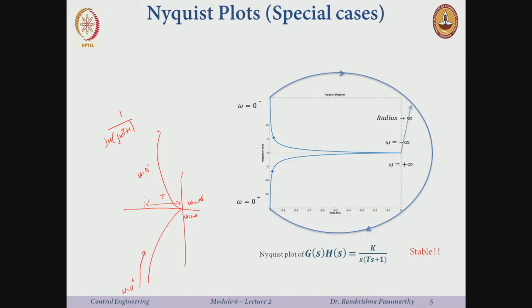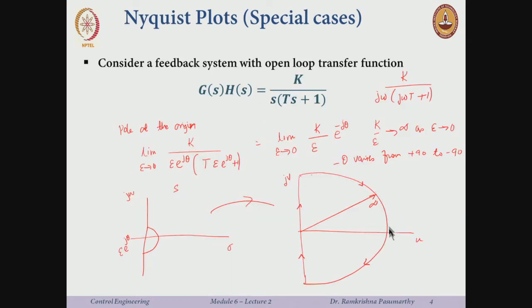I go from omega 0 plus to omega 0 minus, and then I have to really complete this, where this thing will be the region of infinite radius. So this is the region I have to map now. This is what happens as epsilon goes to 0, this little region also has to be mapped here.